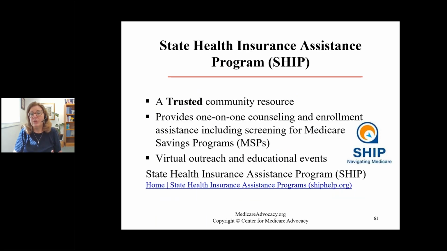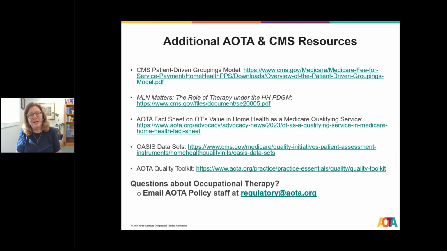I would point you, if you're looking for assistance with finding home health agencies or looking for information generally about Medicare, to contact the state health insurance programs. They are our only trusted community resource. And so there's information here about how you contact the state health insurance assistance programs. And here AOTA has provided additional resources as well.